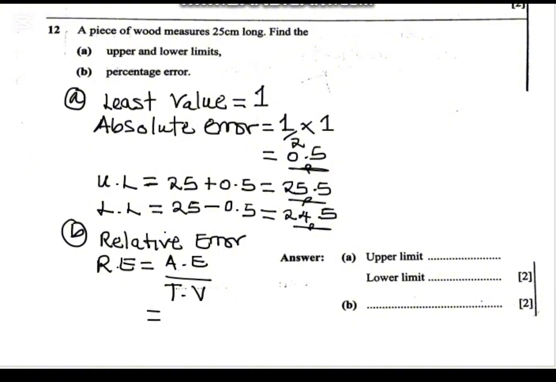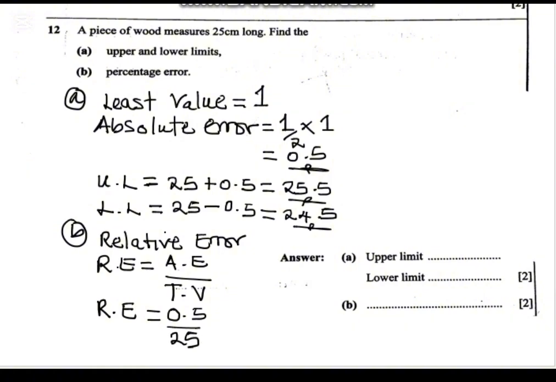It is just simply what we calculated, 0.5. So on A.E. we are going to put 0.5, then on T.V., true value, we are going to put the measurement that we've been given. The measurement is 25 centimeters long, so 25.